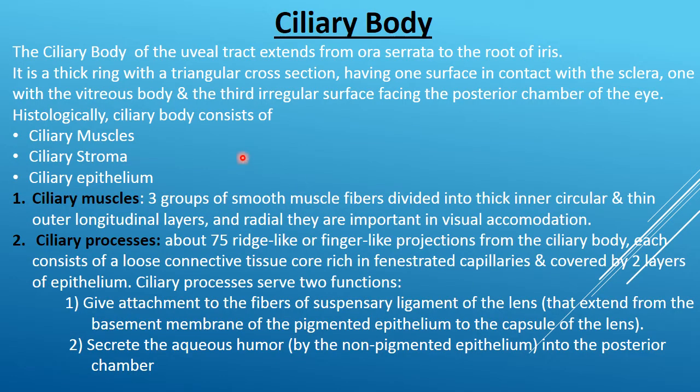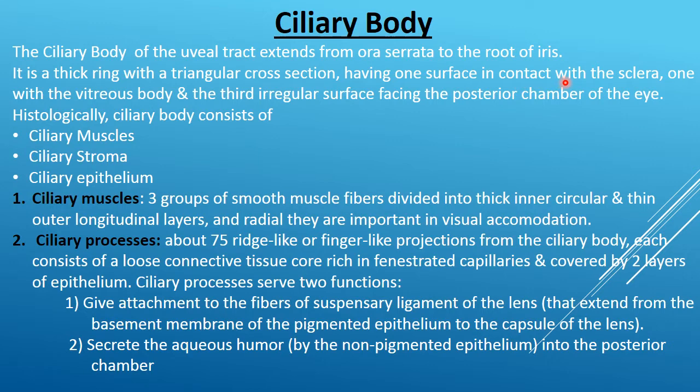So in the previous slide you have already seen that the ciliary body, which is the part of the uveal tract, extends from the ora serrata anteriorly till the root of the iris, from where the iris is going to emerge. It is triangular in cross section, and I have shown you all its borders and surfaces.